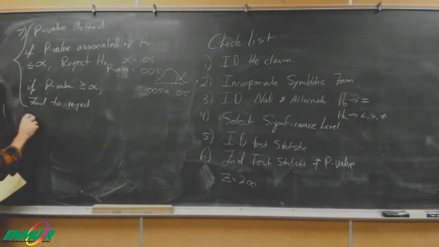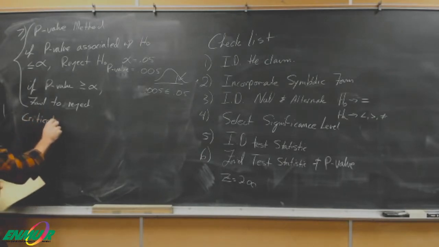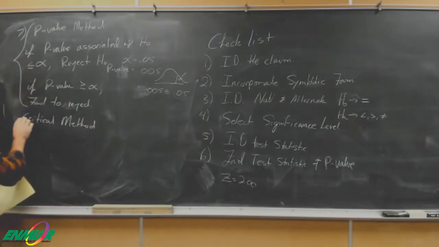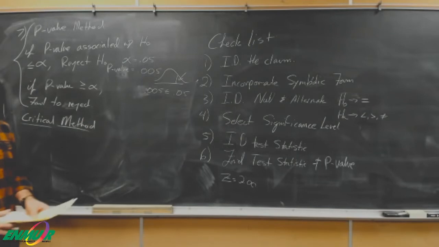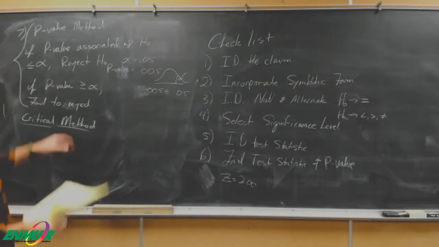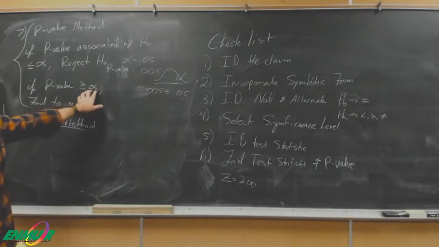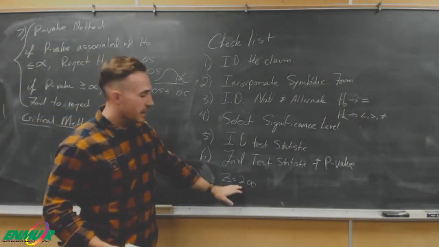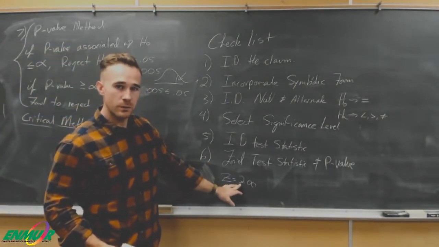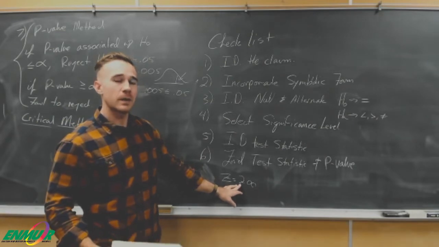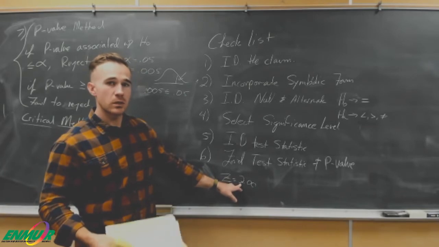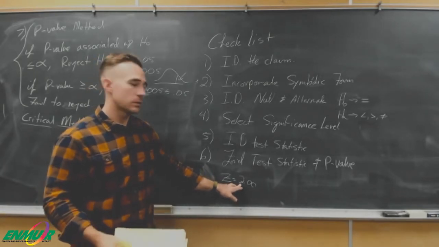Now, let's talk about the critical method, okay? The critical method is going to be very similar, but instead of comparing two areas, what I'm going to compare is the critical value that I found from my z statistic, and I'm going to compare it to the critical value associated with my confidence, okay?